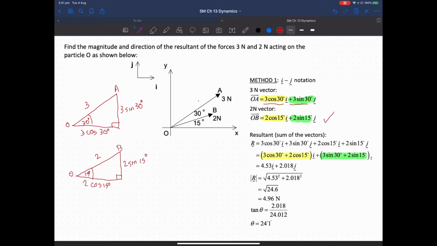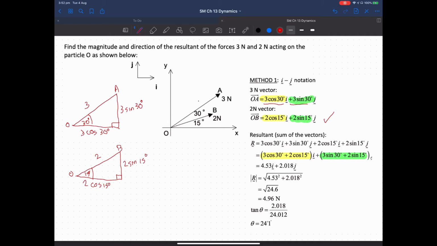In specialist maths, of course, we normally would do exact values. In this example, I am not. 2 cos 15 degrees is an exact value, just as 2 sine 15 degrees is an exact value. Evaluating them will give us decimal approximations.